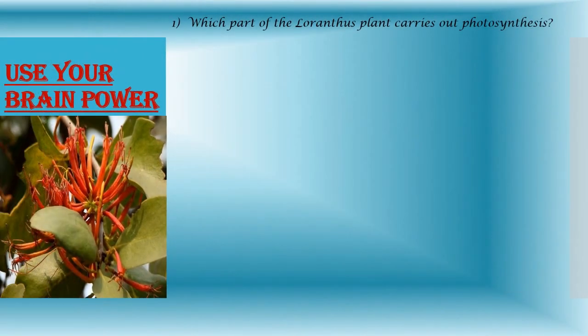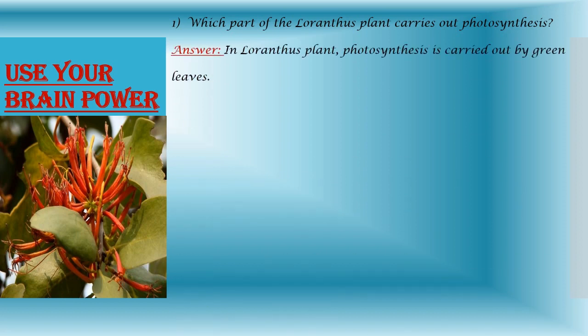Now students, use your brain power to answer these questions. Which part of the loranthus plant carries out photosynthesis? Yes, in loranthus plant, photosynthesis is carried out by green leaves. Now the second question, from where do they obtain minerals and water?